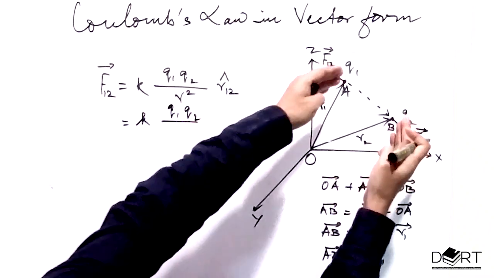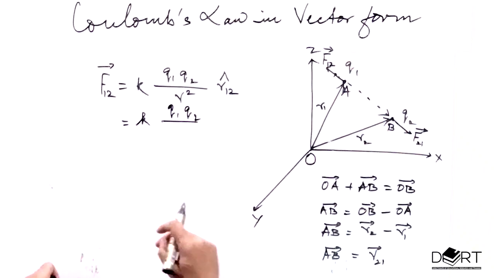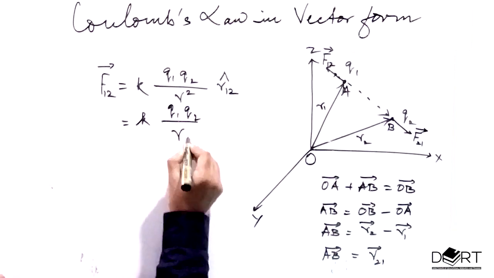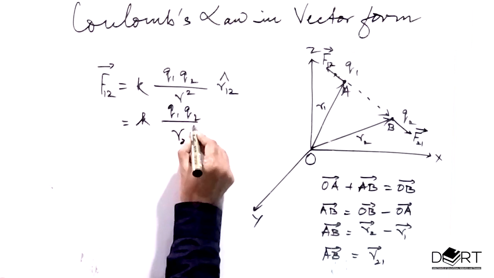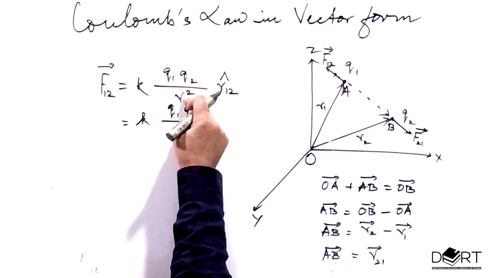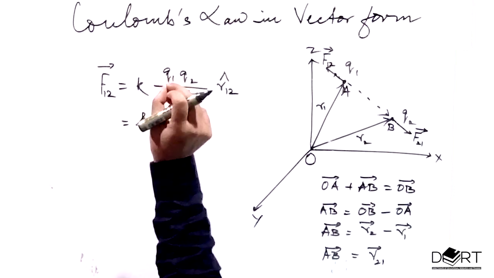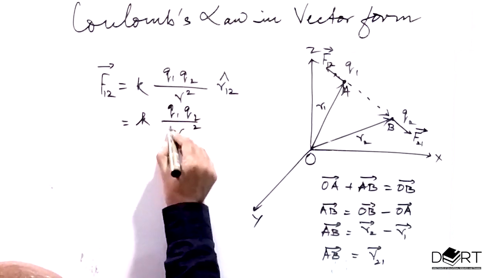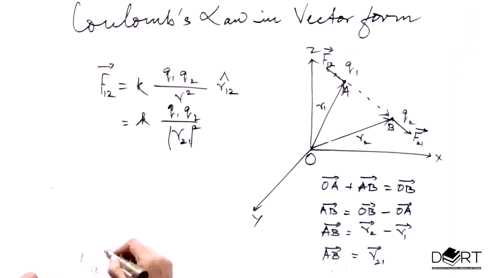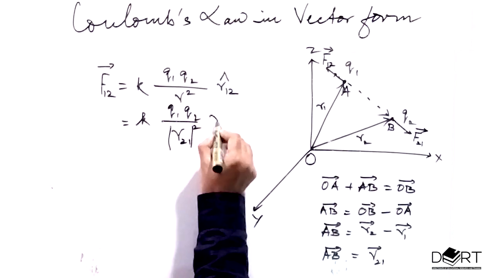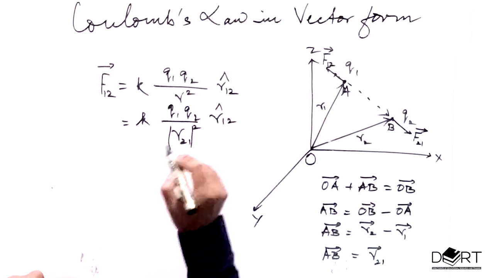Now, this r is basically this distance AB, and AB we found out is r21. So, we have r21 square, but this is only the magnitude, not the vector. We are interested only in the magnitude of the distance. So, we put the magnitude sign, the modulus, times of course r12 cap.